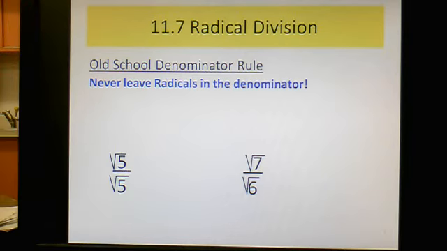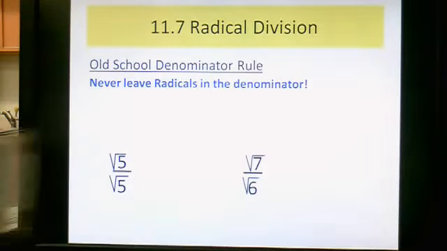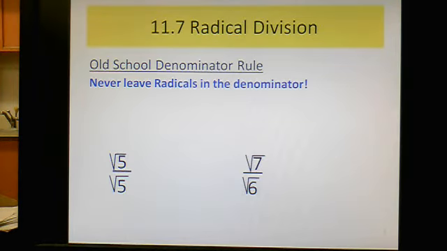It's a rule that goes way back to the days when these things didn't exist, and I really mean like no calculators, and dividing by a mad crazy decimal like the square root of 6, whatever the heck that decimal is, would be incredibly difficult. If you think of long division, long division is not the most fun thing in the world.